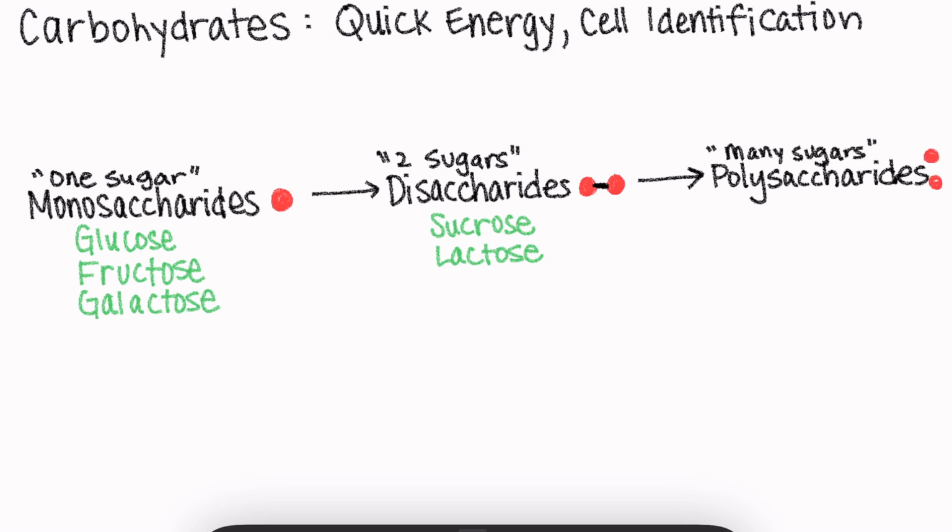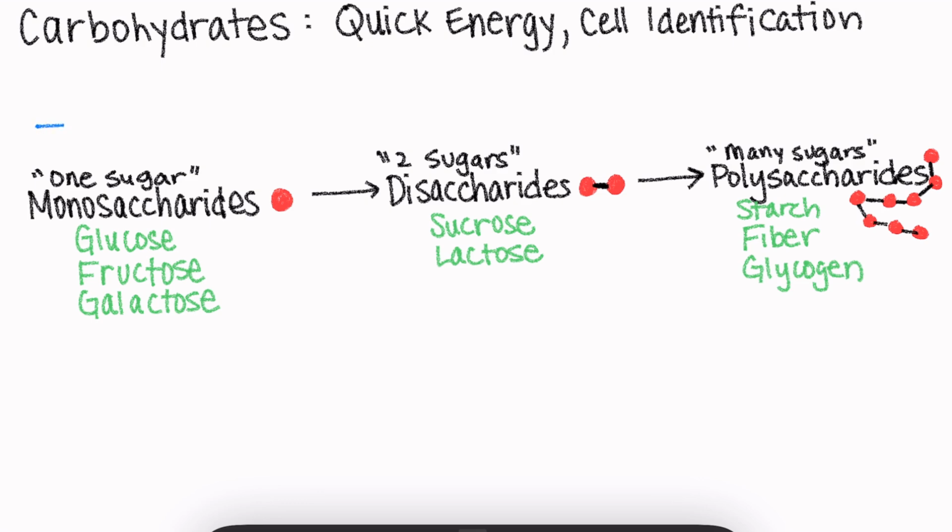So I'll use a bunch of reds to show that now we've linked together many simple sugars to form starch, for example. Dietary fiber is a polysaccharide, and so is glycogen that we store in our muscles for quick energy.